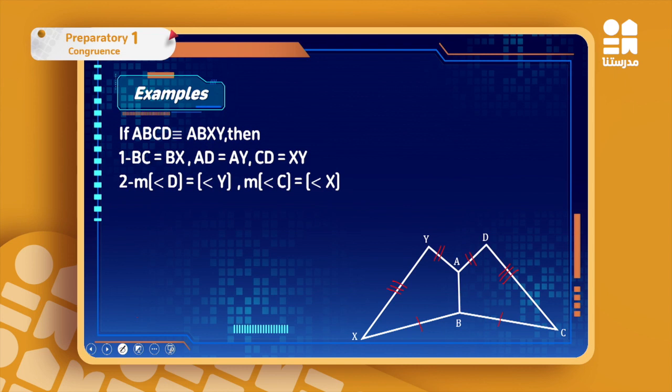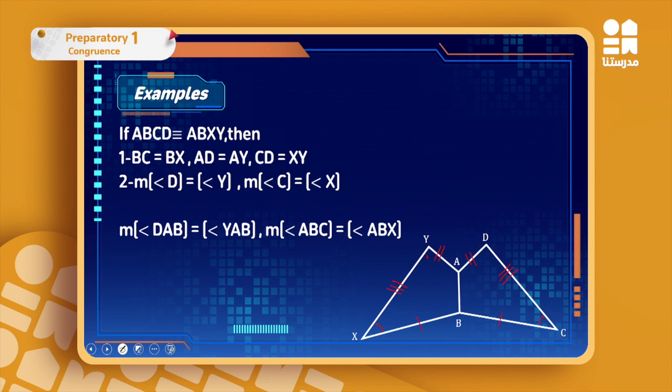Now let's talk about the angles. Angle D is equal to angle Y. Here we have, this is D and this is Y. They are congruent. Then the measurement of angle C is equal to the measurement of angle X. Then the measurement of angle DAB, where is it?